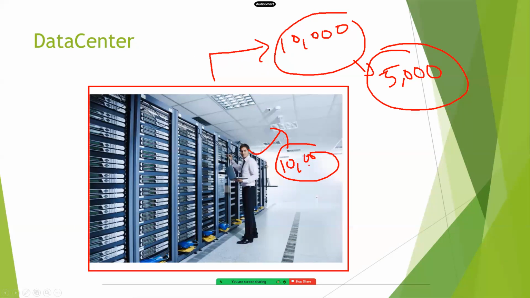Now, what do we have to do? Either we have to expand the data center, or else we have to design another data center. So to maintain the data center, it is not a small task, guys. We have to spend a lot of time, a lot of budget. Budget in the sense like thousands of crores we have to spend to build one data center.